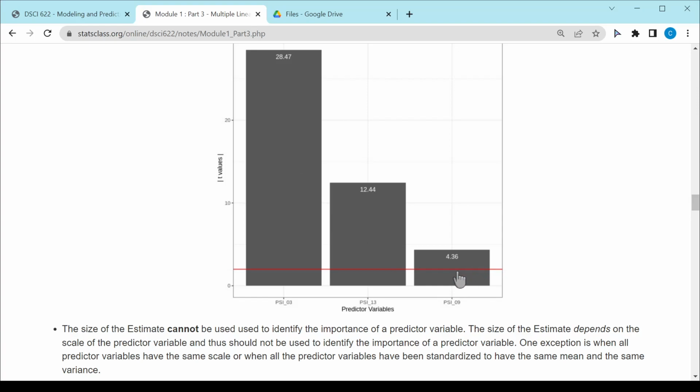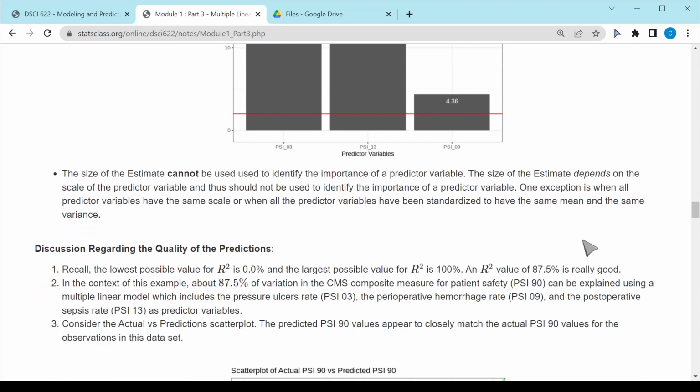If you have one of these bars that sit below this red line, then that's going to suggest that that predictor variable is not that important to understanding the response. Again, if the goal is simply to get the best possible predictions, you could leave those variables in the model. It's not going to hurt you to have them in the model. Those variables are just not necessary in helping me understand what's going on.